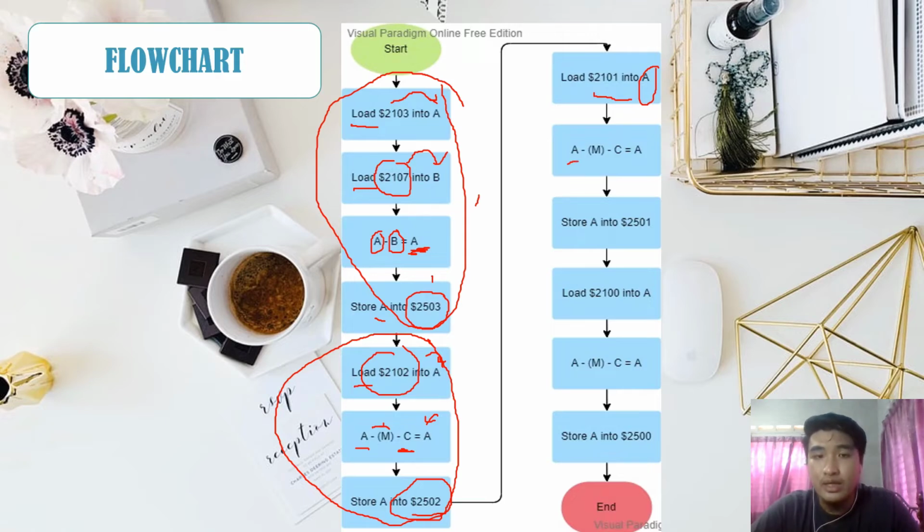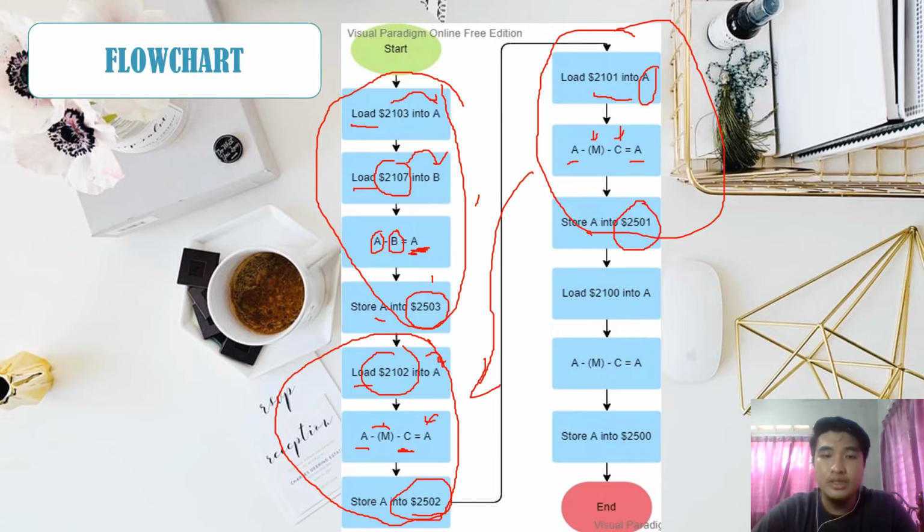The value of A will be minus the memory and minus the carry of the previous operation, and the answer will be stored in A. Then we use STAA again to store the value of A into the memory location 2501. So we complete the third operation, and the last operation will also be the same, where we continue with the load instruction $2100 into accumulator A.